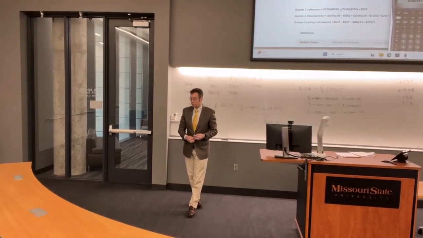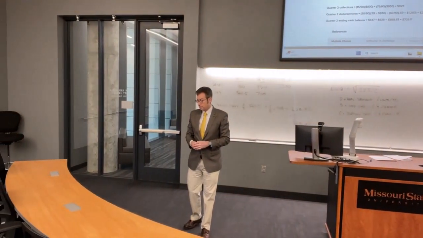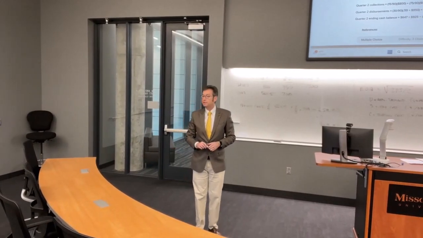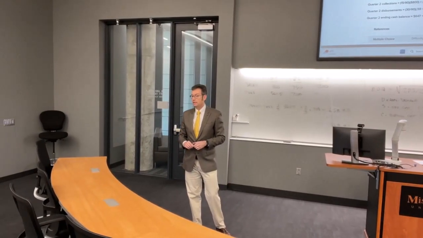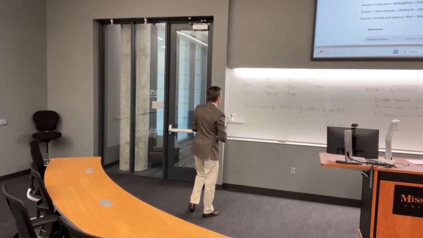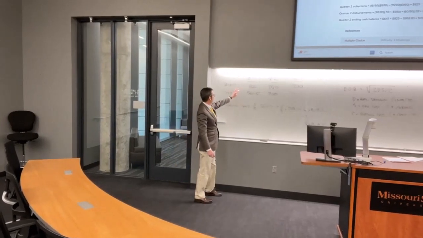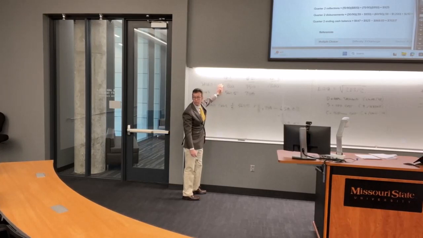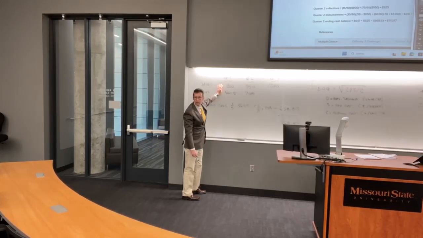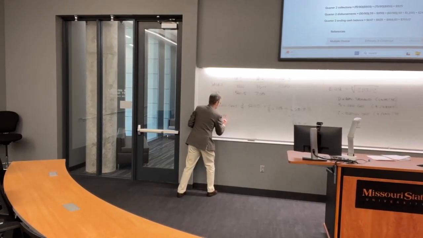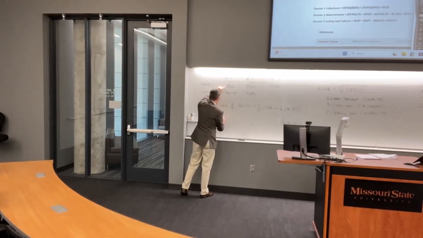We need to figure out about our collections. Now, the accounts receivable period is 15 days. So, how much of our quarter one sales are we going to be collecting in quarter two? 15 over 90 multiplied by the quarter one sales.